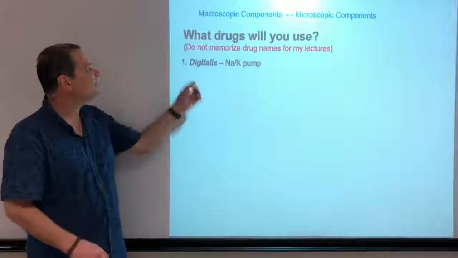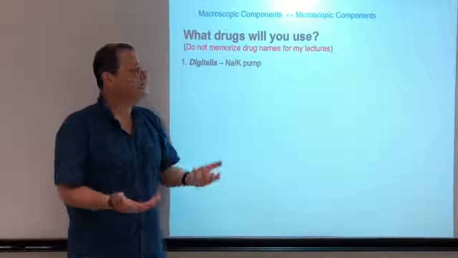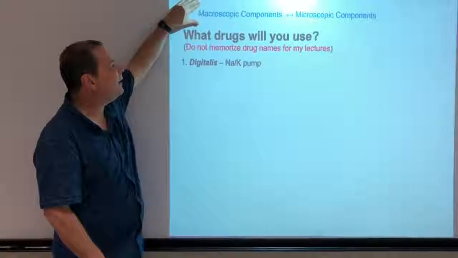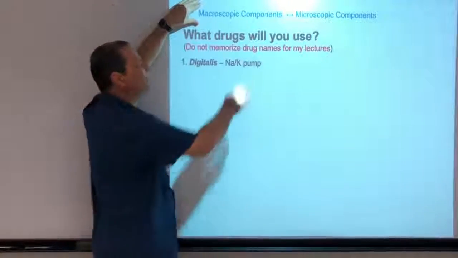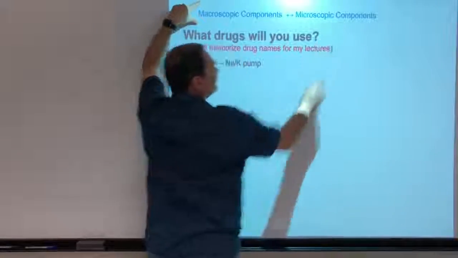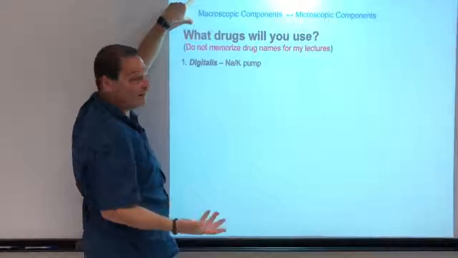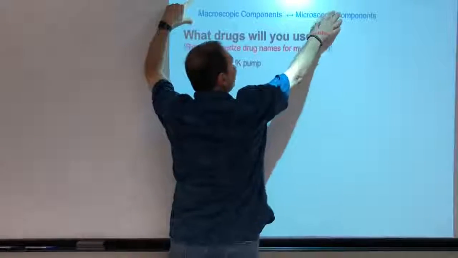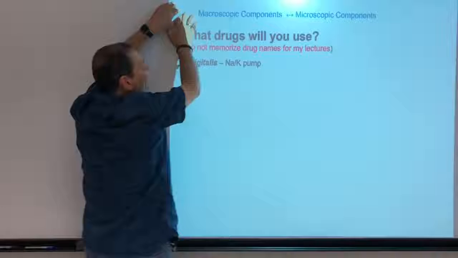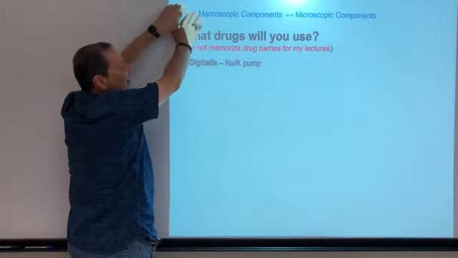All of these drugs, including this one, are an example of why you need to know the macroscopic components of a disease and how they relate to the microscopic components of the disease, that is, the proteins and so on, and how changes at the protein level and the membrane level are transformed into changes on the macroscopic level.